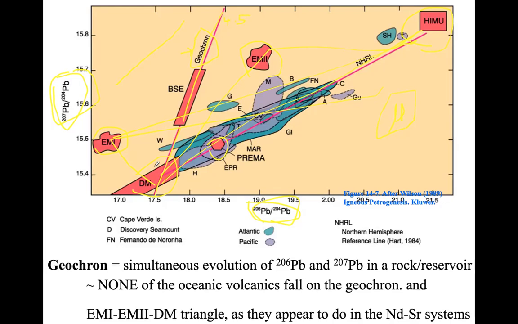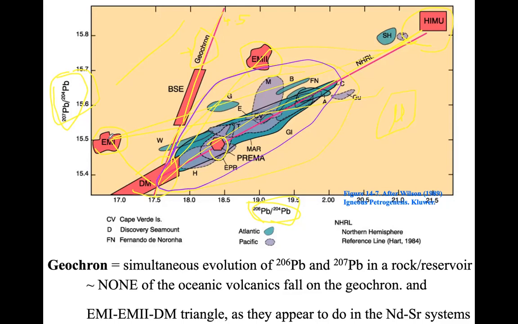Now you can see most of our rocks, the existing rocks from different areas, plot to the right of this isochrone, away from this isochrone. This is another problem actually, but that problem I am not going to discuss because it's called a paradox, right? It's called the lead isotope paradox because there are no reservoirs except for this EM1, and that is very little, not enough in mass.